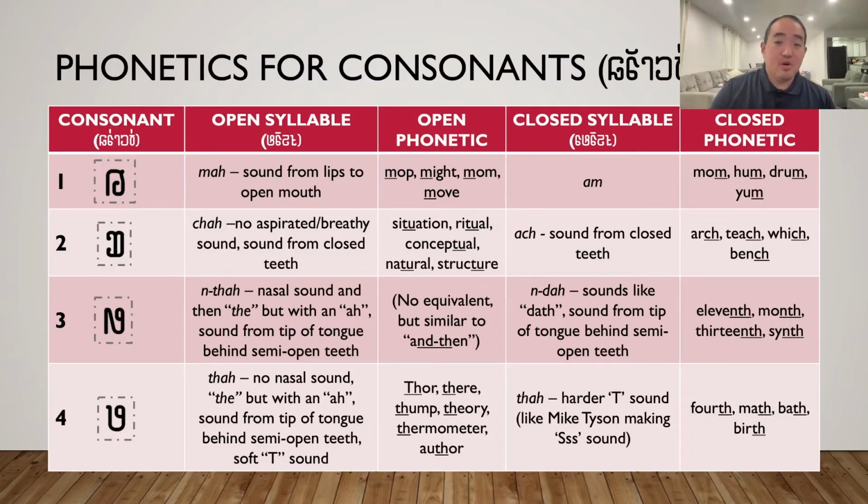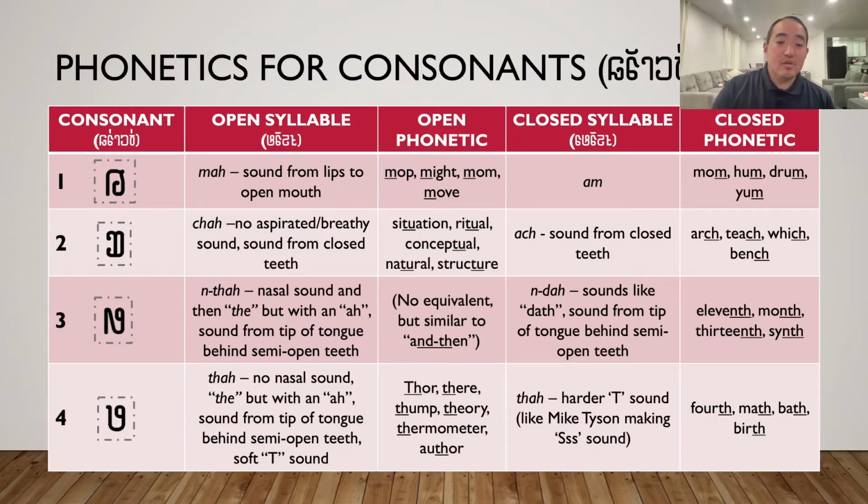So it's more of a softer CH sound. So ja, right? So you'll see this in the word like situation, underlined right there with the TU. Situation, or ritual, or conceptual, or natural, or structure. So that cha sound, that's how you would pronounce the open syllable for ja, okay?